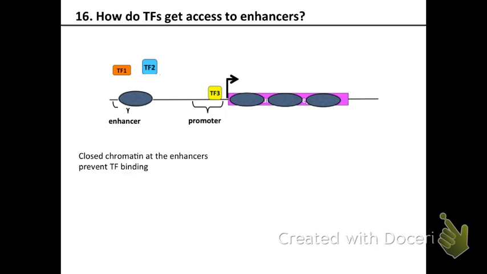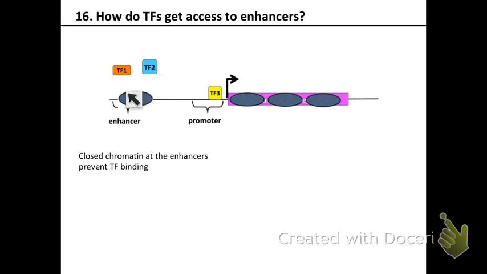And this is a very important mechanism that allows for activation of certain enhancers in certain cells and not others, okay? So for example, if this gene is regulated by this enhancer, in most of the tissues, this enhancer is going to have closed chromatin.